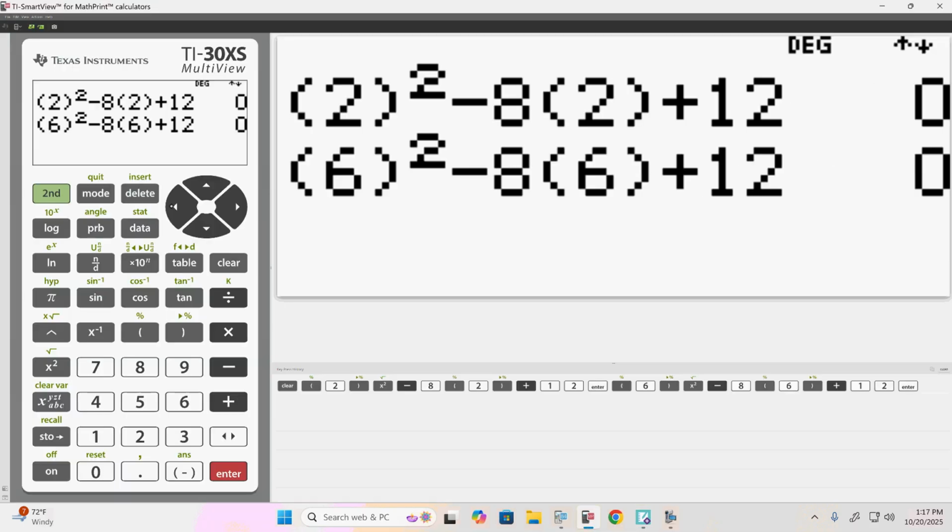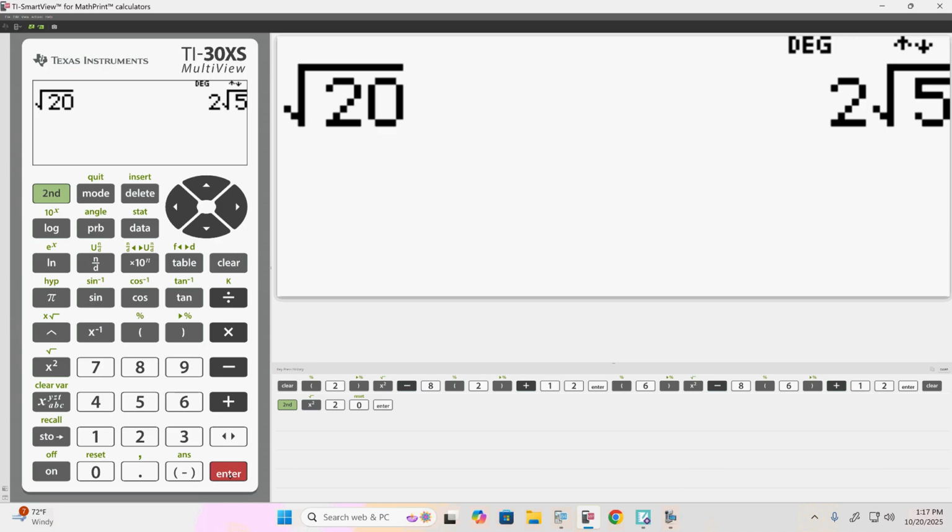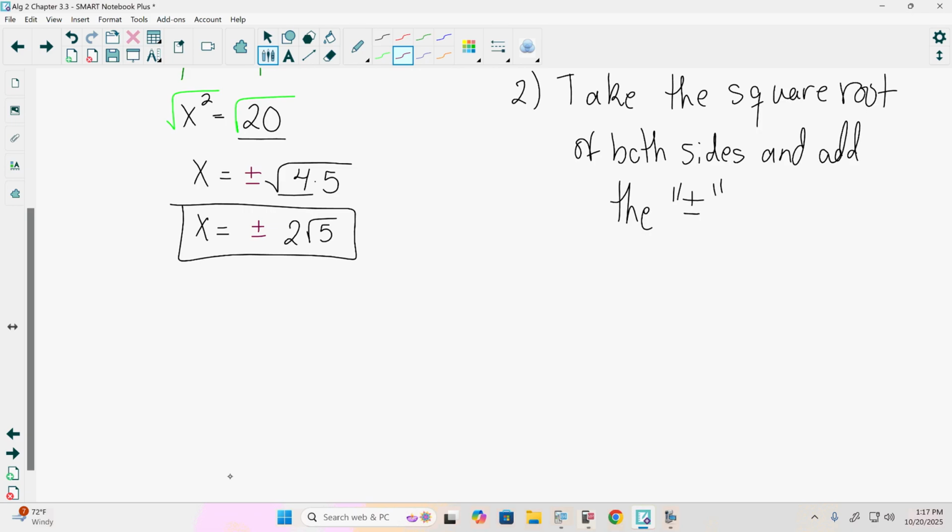Now, the other way we could have done this is we could have taken the yellow calculator, our 30xs, and told it to simplify the square root of 20. It tells us it's 2 square roots of 5. The 30xs does a great job at simplifying radicals. And then we would solve for the variable if needed.